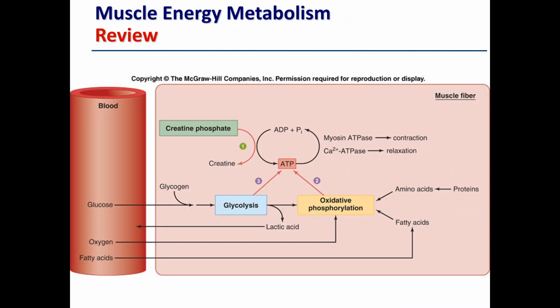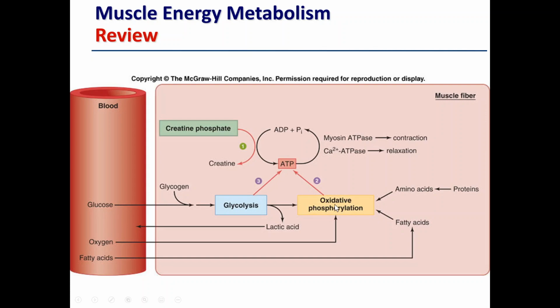So a quick summary or review slide here. Creatine phosphate is broken down into creatine and inorganic phosphate, and the energy released from that creates ATP. Glucose is broken down through glycolysis. In the absence of oxygen, lactic acid or lactate is produced as a byproduct, and that is used to form ATP.